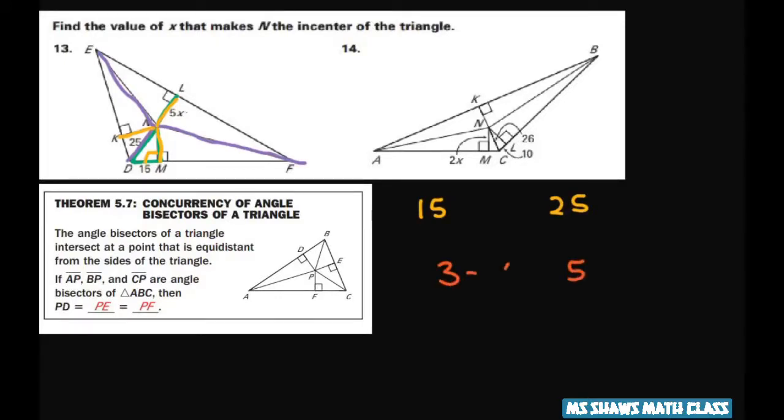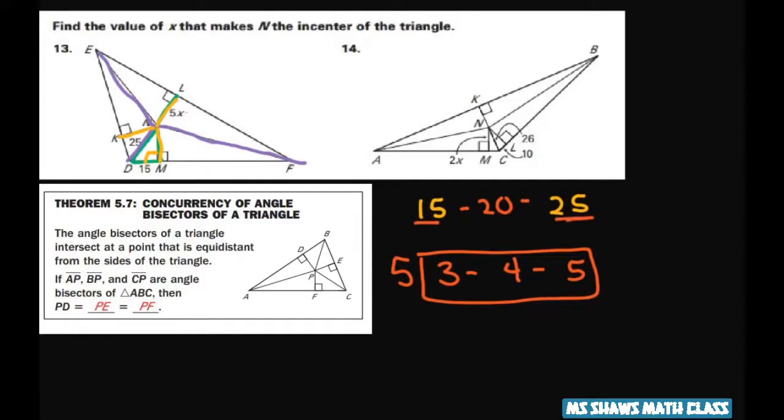And that should tell you that this is a Pythagorean triple. So 3, 4, 5 is a Pythagorean triple. If you multiply this by 5, you're going to get 15, 20, and then 25. So we didn't use the Pythagorean theorem because we knew our triples.